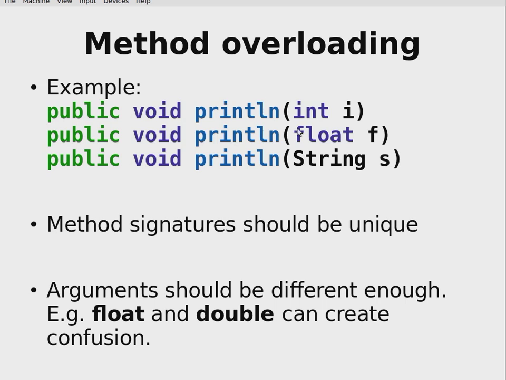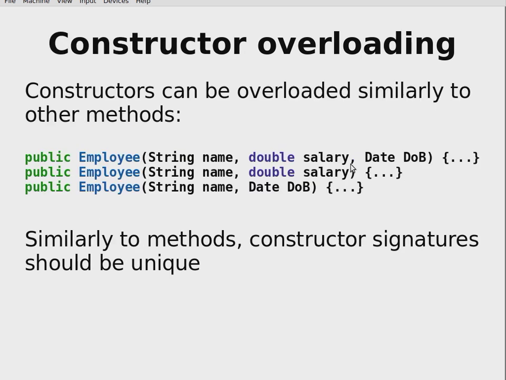And for example, float and double can create confusion, because for primitive types the only thing you can check is their size, and because the length of them is the same, you cannot distinguish between them at runtime. Similarly, you cannot distinguish between string and object because string is an object and object is an object.